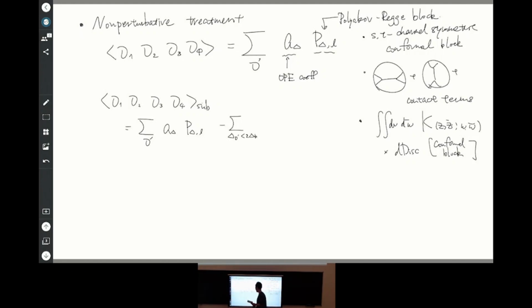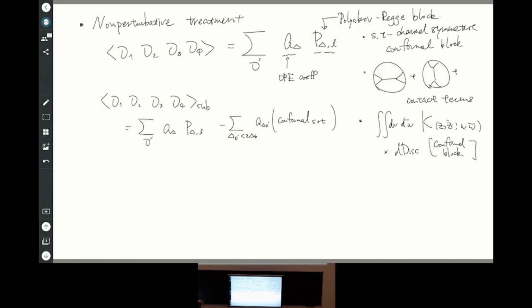So I said yesterday that the operators above this two-particle threshold don't have a bad region on the first sheet. So what we need to care about is the operator below the threshold, and then we basically subtract the conformal block in the S channel plus T channel.